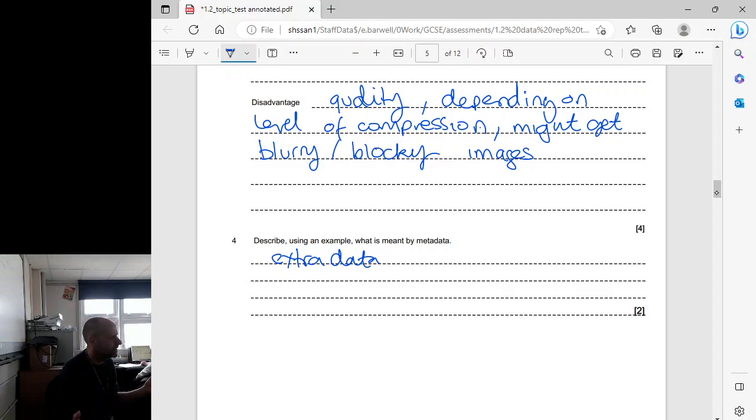Yeah, websites use metadata, but that's not what we're talking about. That's just another example, like where the picture was taken. So I'm sticking to the context: extra data about the image. Things like resolution, color palette, number of colors.